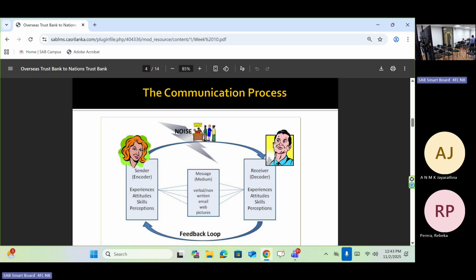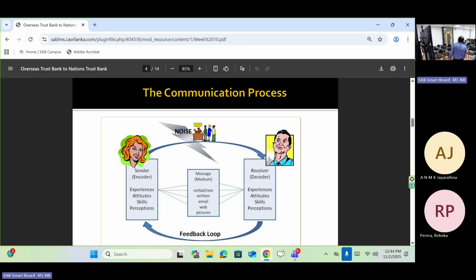Then even you may think of something else. You may communicate with your mind with another concentration. Then those are noises. Aspects of noises. Barriers, physical barriers.